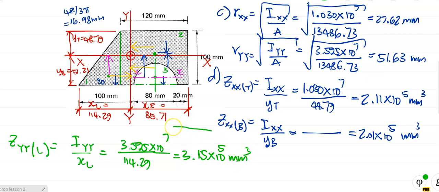I'm just squeezing that in here like so, and you can finish it up yourself.